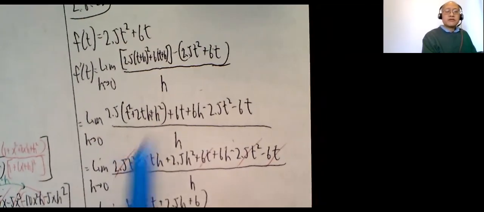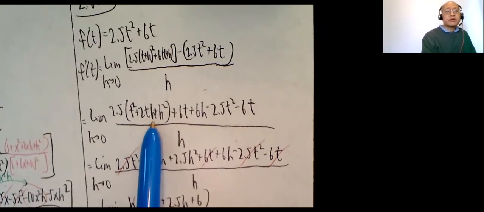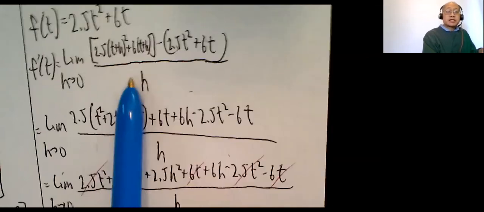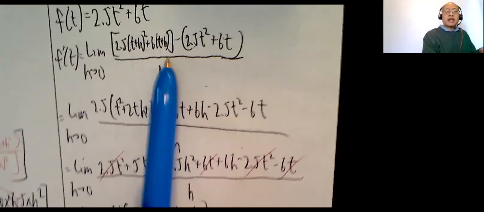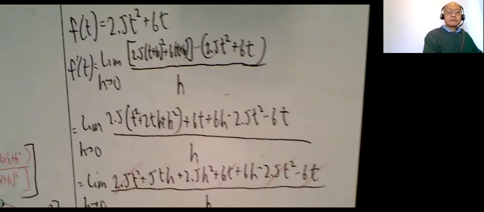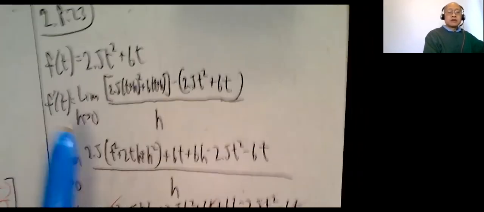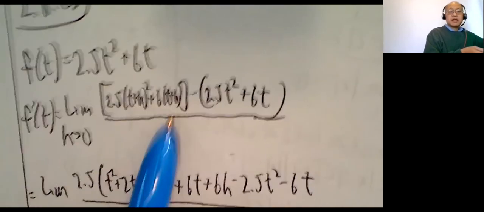So 2.5 times (t plus h) squared is t squared plus 2th plus h squared. That becomes plus 6t plus 6h. And then minus parentheses means make them both negative, so negative, negative, all divided by h. Okay, that's t plus h squared, 6 times t plus h.